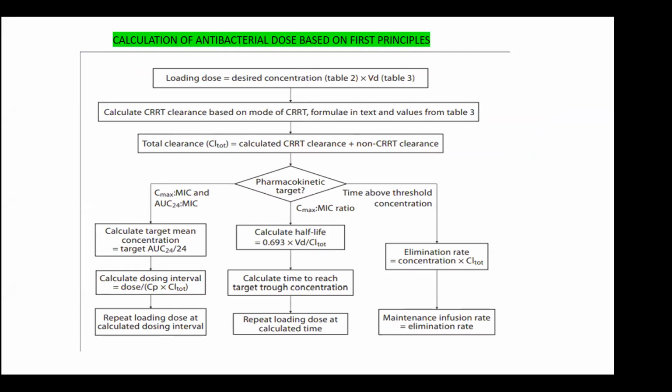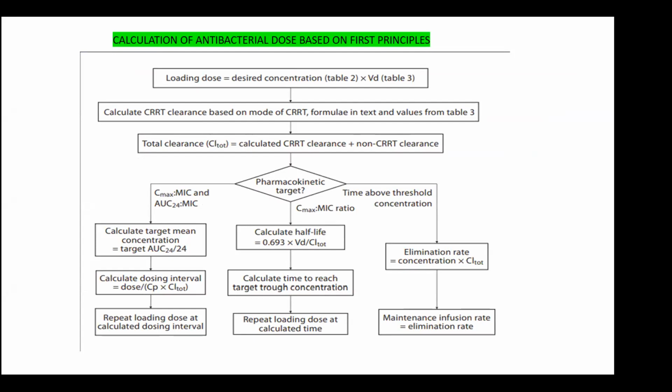Say, for example, we are using a beta-lactam antibiotic like meropenem, which has a time-dependent killing. For that, we can calculate the elimination rate, and we can give a continuous infusion of the drug. Say, for example, meropenem, a continuous infusion in critically ill patients, changed every 4 hourly. So we can do that.